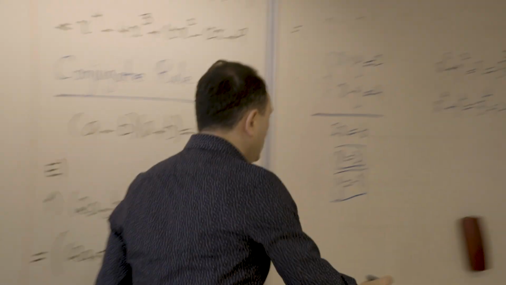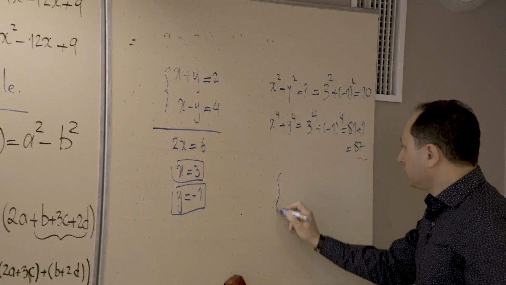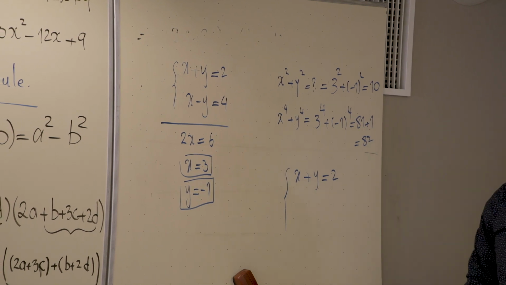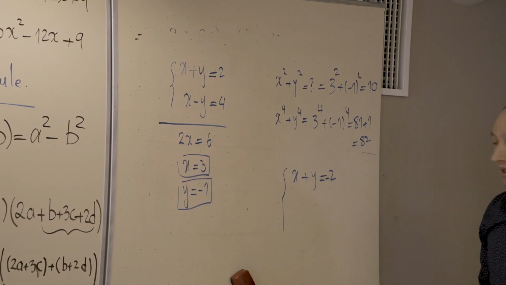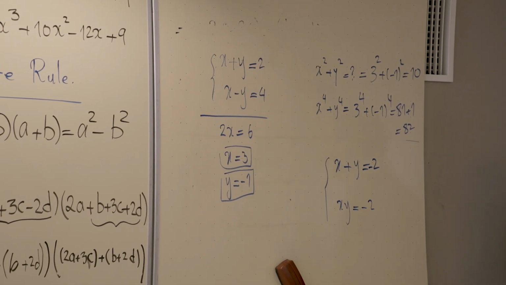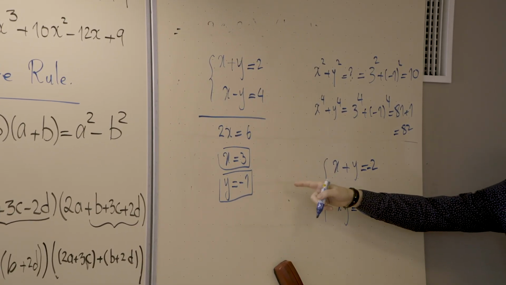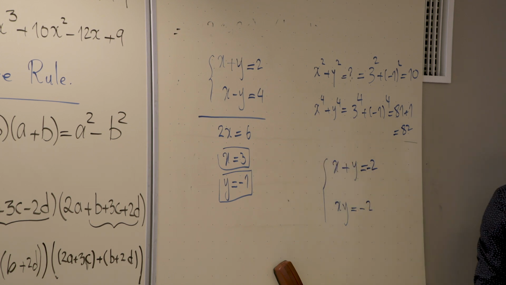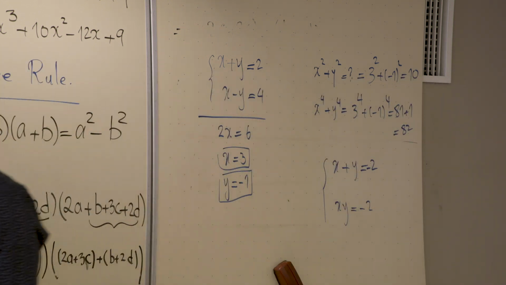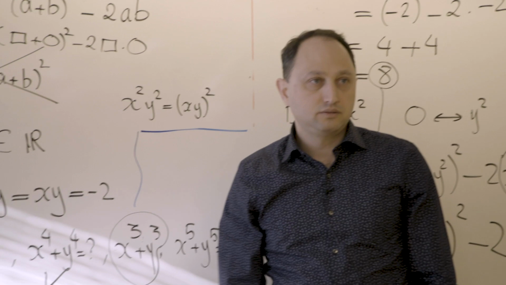I can do this. I can write x plus y equals 2. Is it 2? No, it's minus 2. And then I can write xy equals minus 2, and try to find x and y as I did before. And when I found them, then I don't need to do these fancy things. I can just plug those numbers there and find the answer.